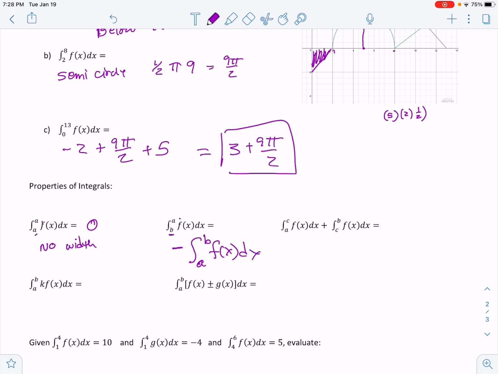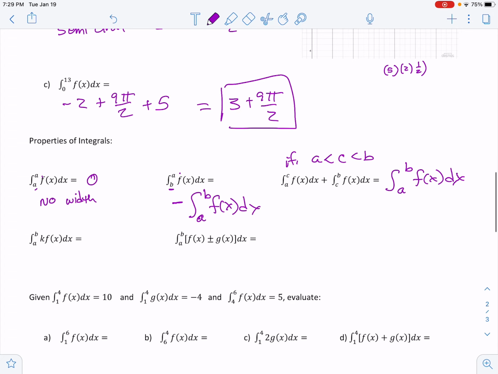If a is less than c is less than b, and you integrate from a to c plus c to b, that's the same as a to b. All right, if you're going to multiply by a constant, you can bring it out front.